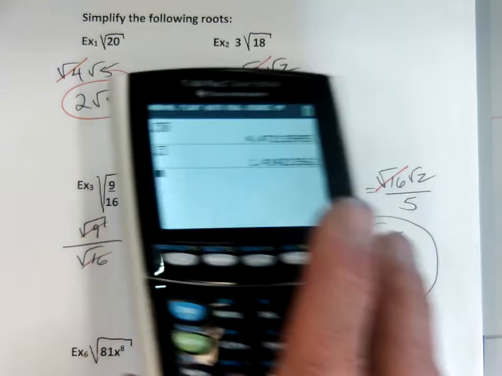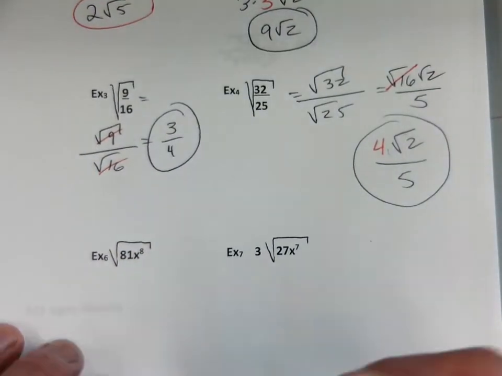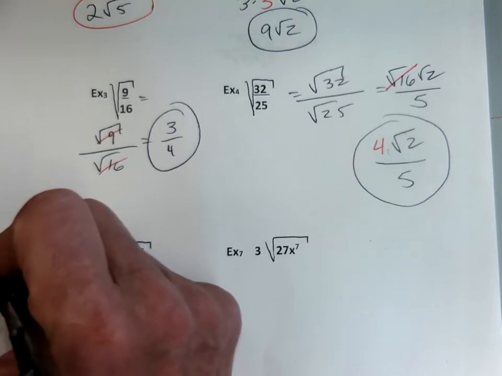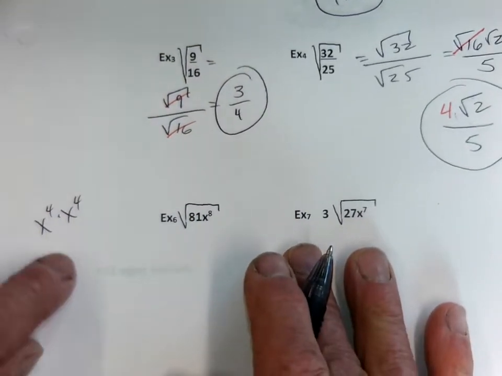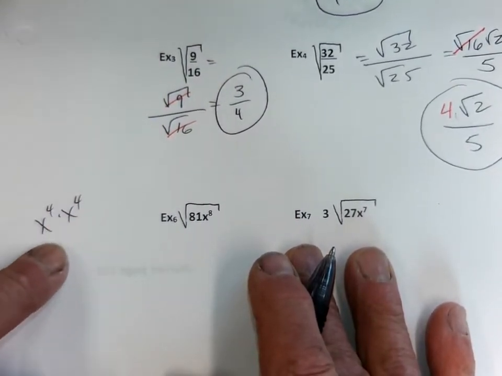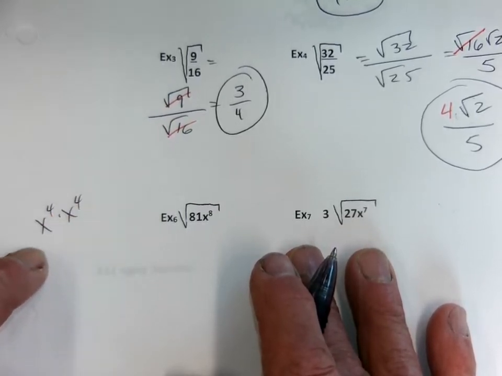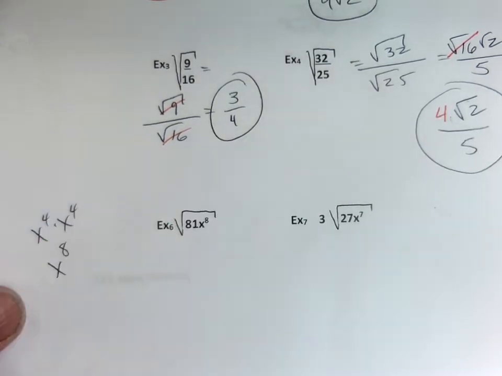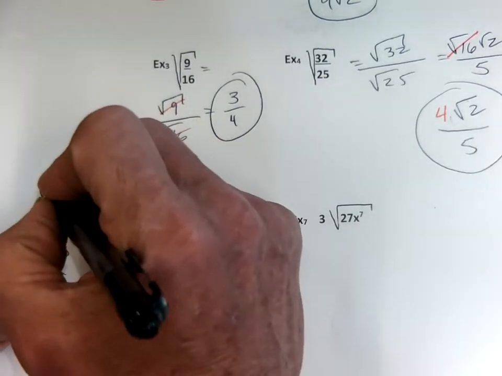All right. How about example 6? Well, before we do example 6, what's x to the 4th times x to the 4th? X to the 4th times x to the 4th is actually x to the 8th, because we add exponents.